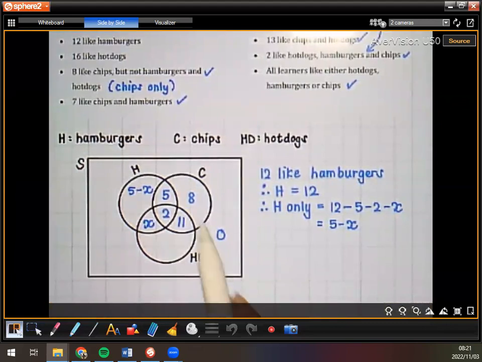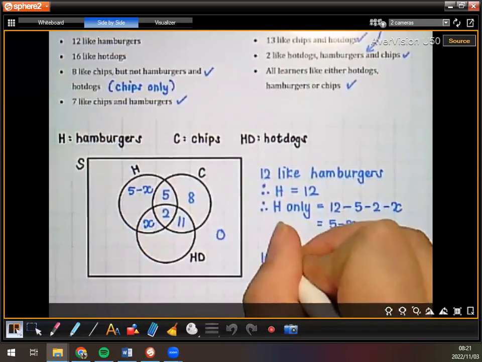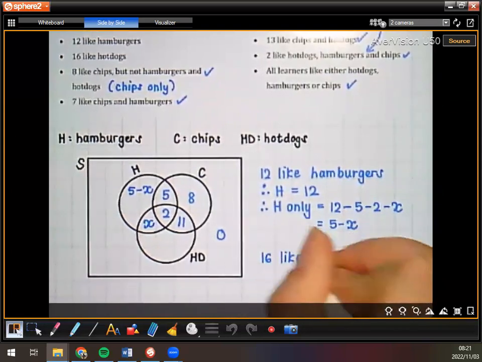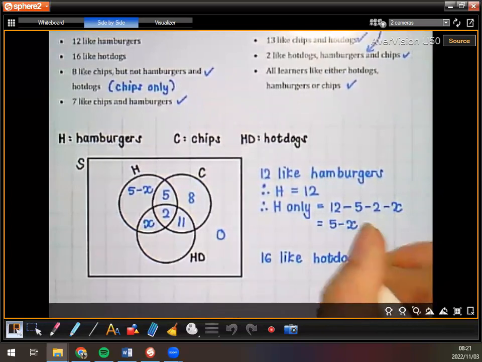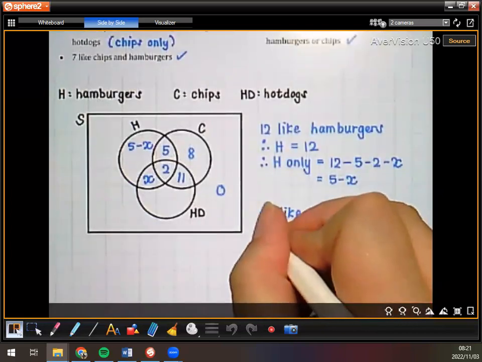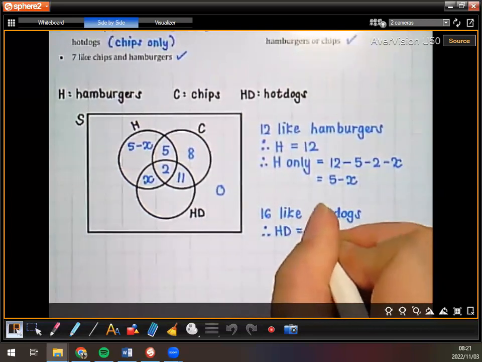Now we're going to have to do the same thing with our hot dog circle, guys, because again we have an X in one of the sections of that circle. Right, so what did they tell us about hot dogs? 16 like hot dogs. Right, so because of that piece of information, that means that the hot dog circle has to be equal to 16.